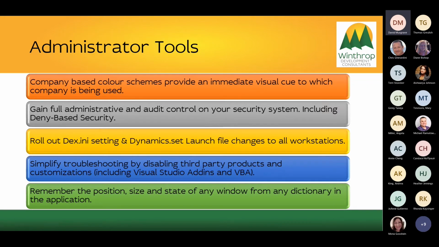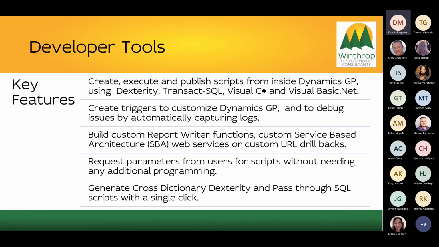all of that. The developer tools includes the ability to create scripts and trigger them from within inside GP using various methods. You can code using either Dexterity, SQL, C# or VB.NET. It has the ability to create custom report writer functions, custom service-based web calls, web service calls, custom URL drillbacks.